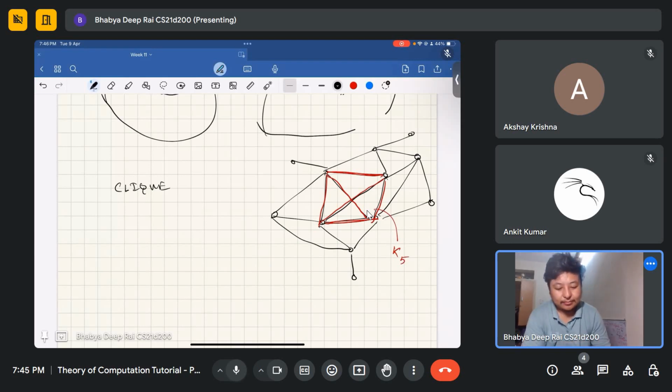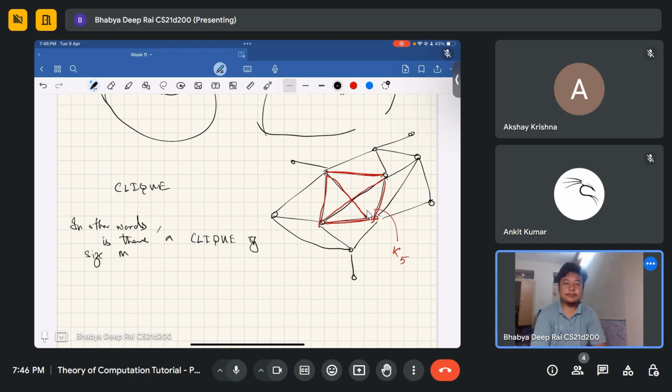So in other words, the question is asking: is there a clique of size M in G?